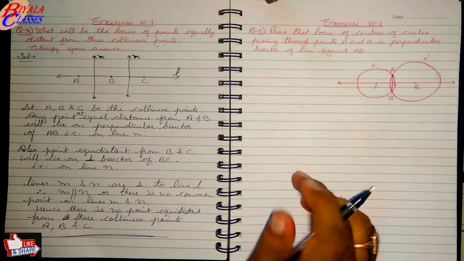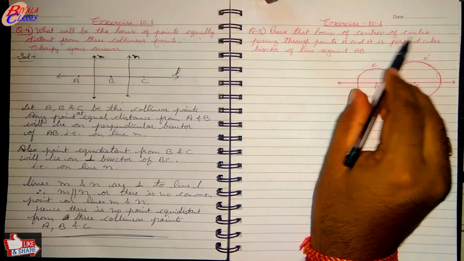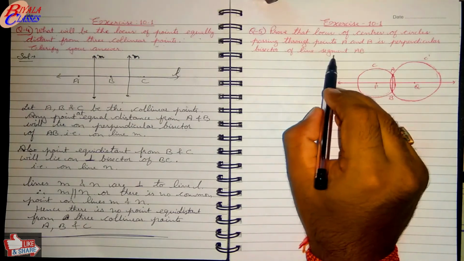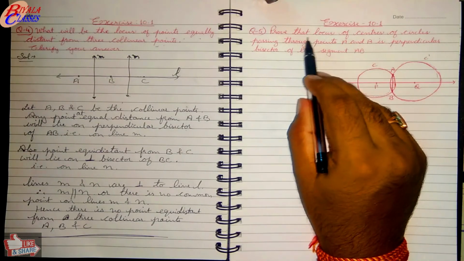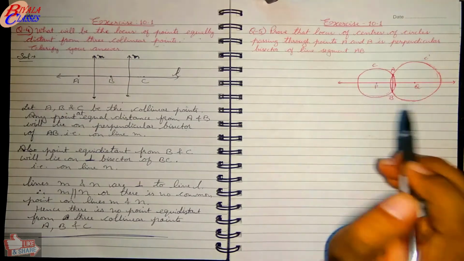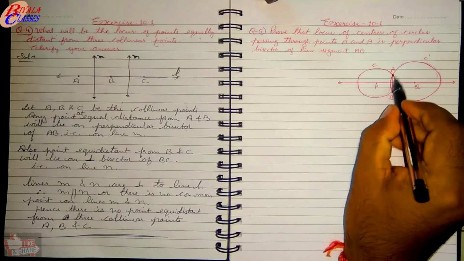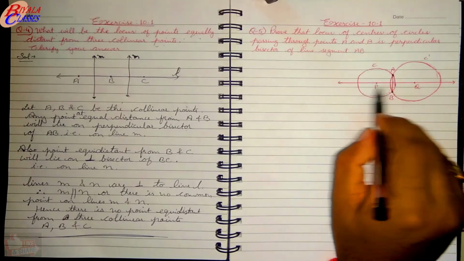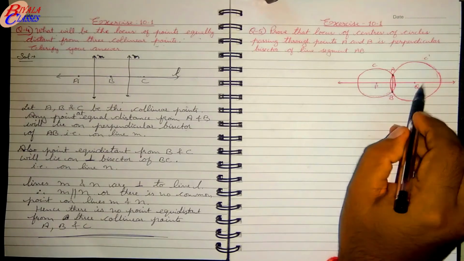Now if we move to the next question, it says prove that the locus of the centers of circles passing through points A and B is the perpendicular bisector of line segment AB. Now here you have to find the locus of centers of circles passing through points A and B. So here I have taken point A and this is point B, and I have drawn two circles which pass through A and B. It is not that there are only two circles passing through point A and B, there can be many more.